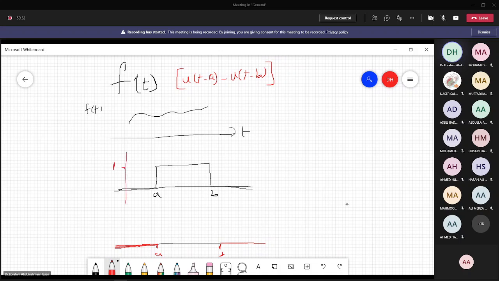If you multiply anything with 1, you will get exactly the same thing. So I will get f of t in the interval between A and B, something like this.